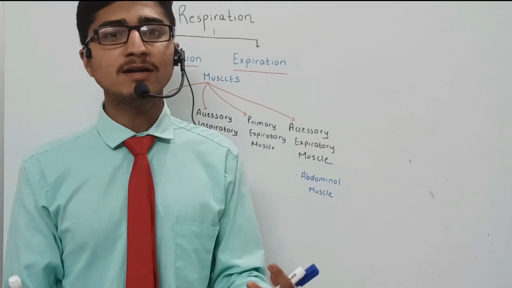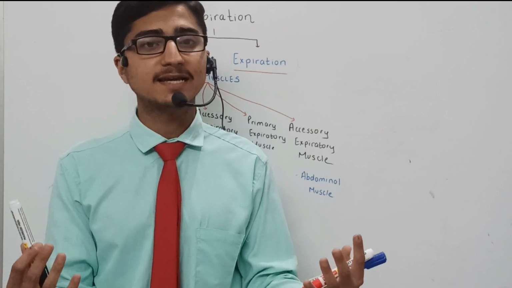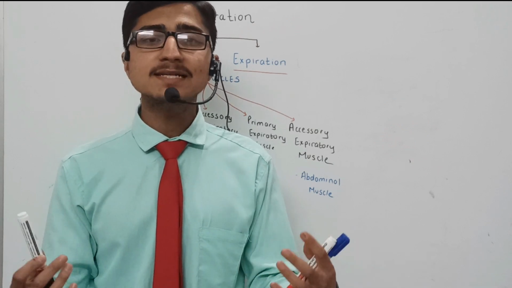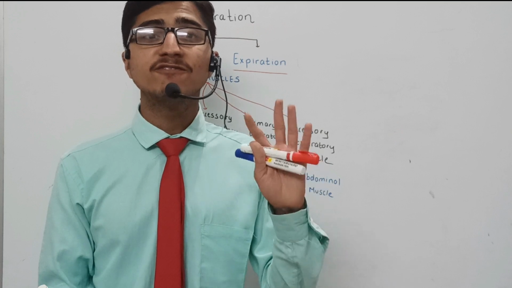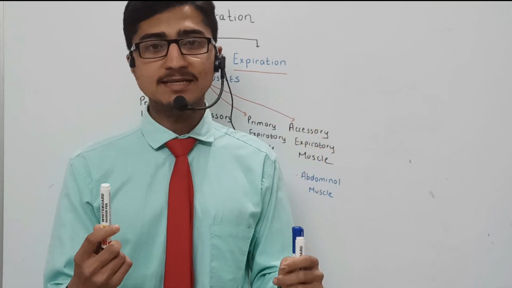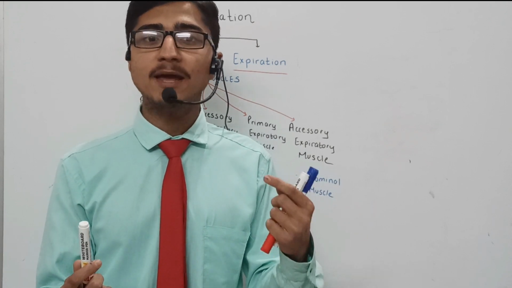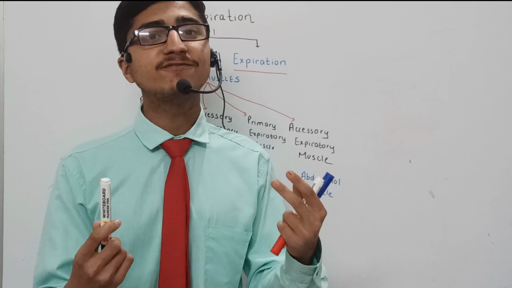But another important structure I want to explain here is the thoracic cage. The thoracic cage is formed by four important components. First one is the thoracic lid. It is formed by the manubrium sterni and the first rib.